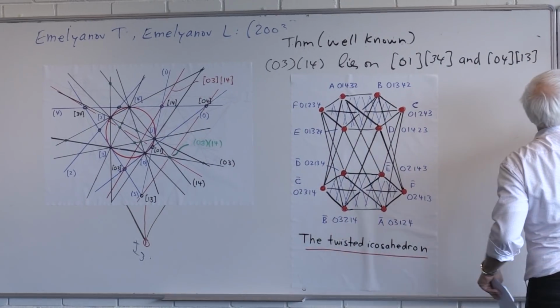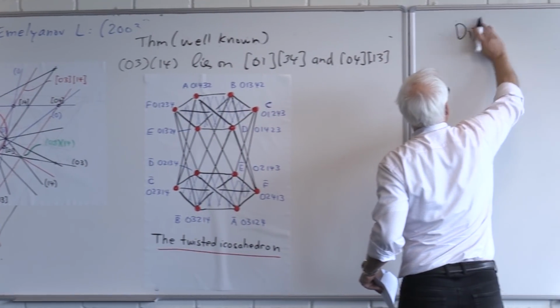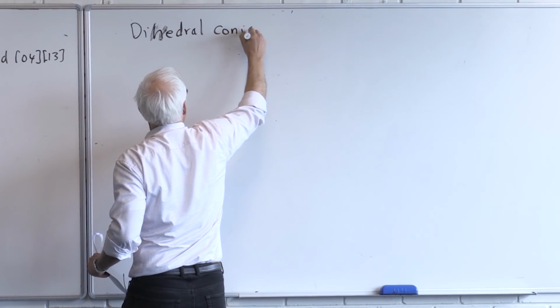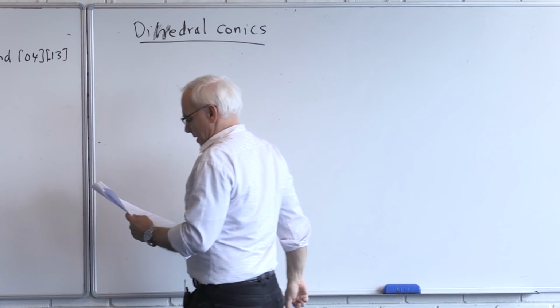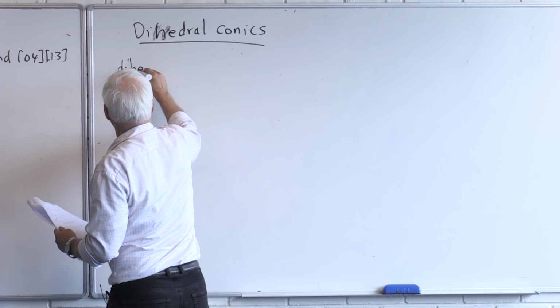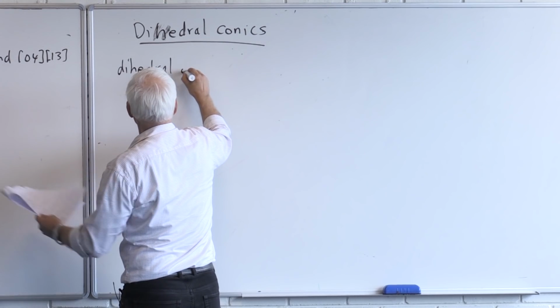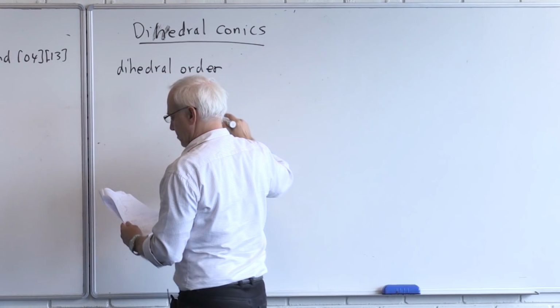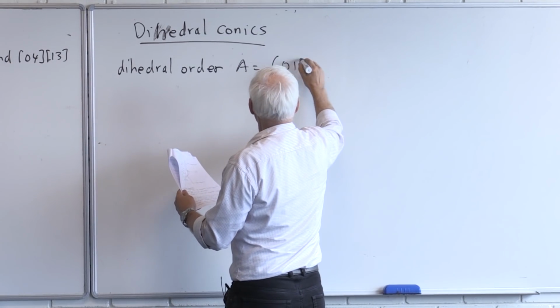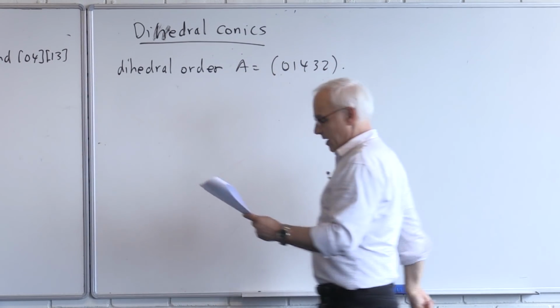So this is dihedral conics. Okay, suppose we take a dihedral order of the kind that we originally were considering. Let's say A, which is 0, 1, 4, 3, 2.